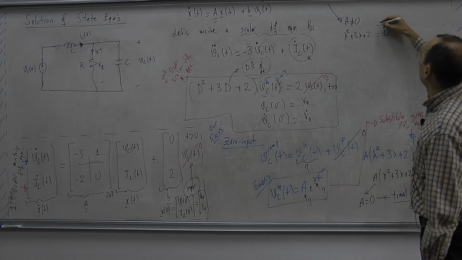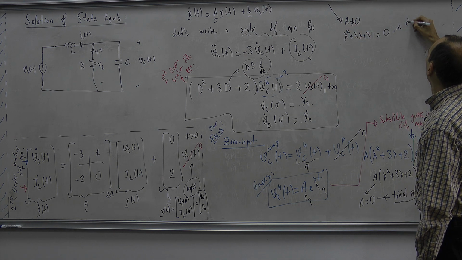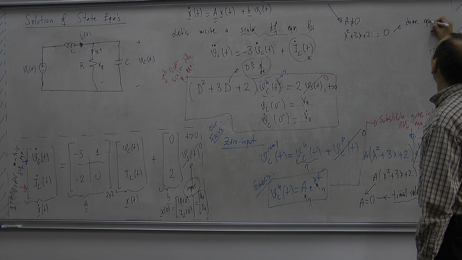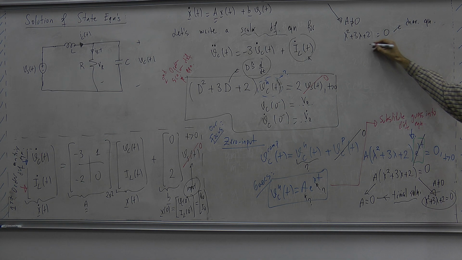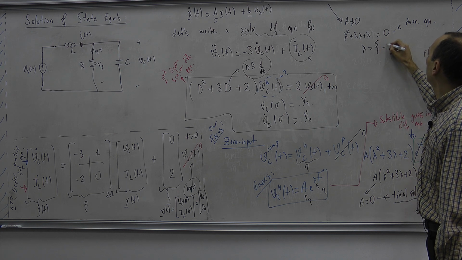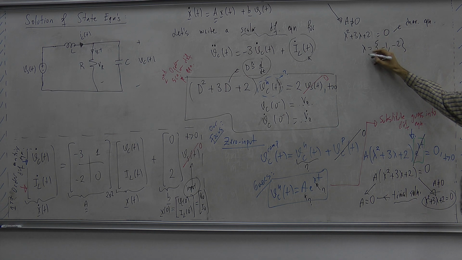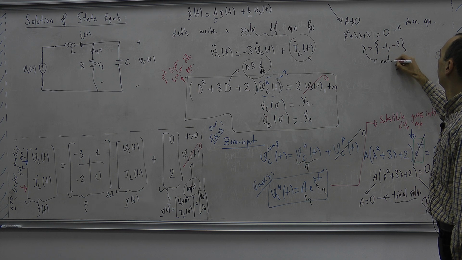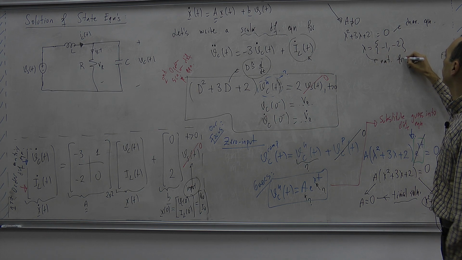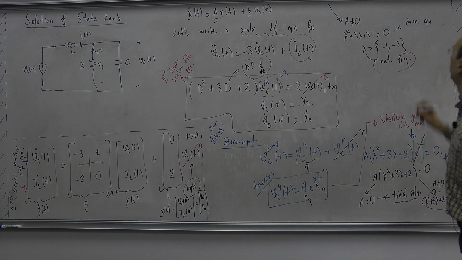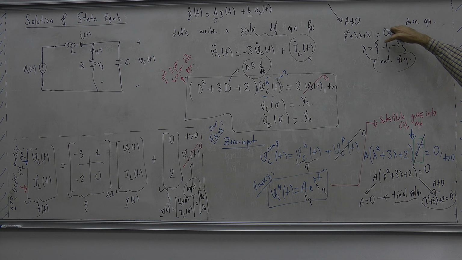So maybe you will remember, this equation is called the characteristic equation. And the roots of this equation, -1 and -2, are very dear to us in the sense that these are called natural frequencies. I have mentioned the natural response. So this is a natural frequency. The natural behavior of this circuit is ruled by these natural frequencies essentially.